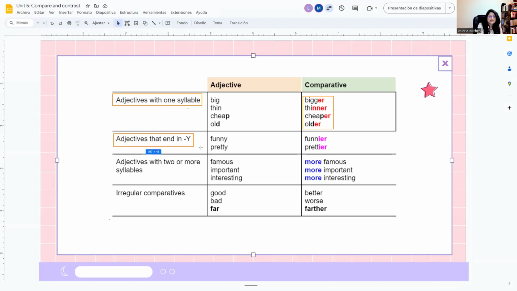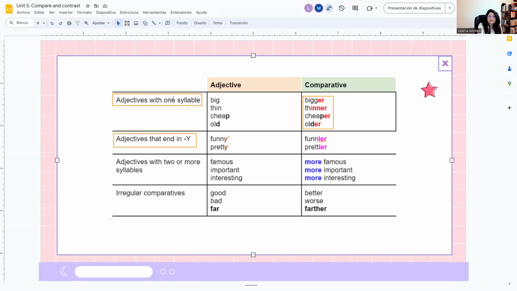We have adjectives ending in Y. When you have adjectives ending in Y, you need to drop the Y, leave it out, and add IER. So things like funny becomes funnier in the comparative form, pretty becomes prettier. All right, so that's also an important thing to keep in mind. Adjectives ending in Y always take this format, even though they may have two syllables, right?